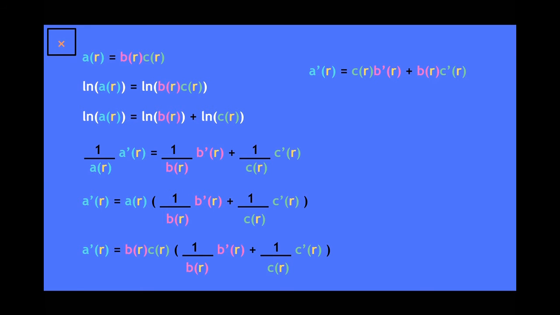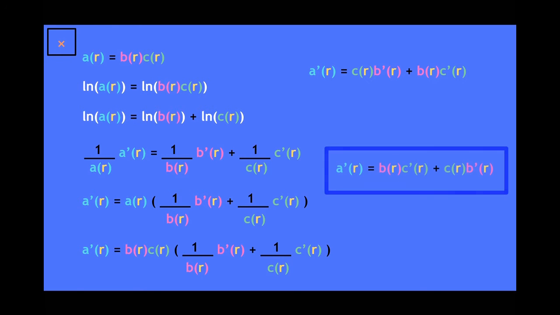Kind of a mouthful. But sometimes, or actually most of the time in calculus classes, how they'll have it is written the other way, where you have a prime of r is equal to b of r times c prime of r plus c of r times b prime of r. And the reason for that is because it's usually easier to remember it as the first times the derivative of the second plus the second times the derivative of the first.